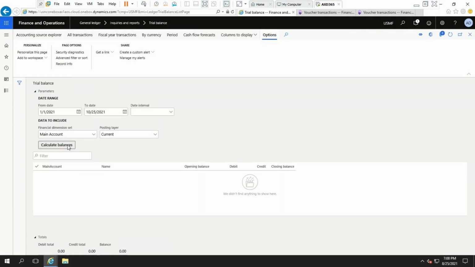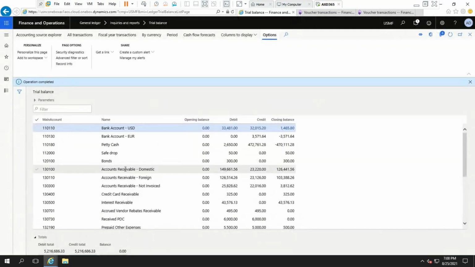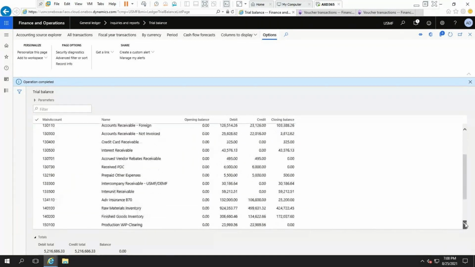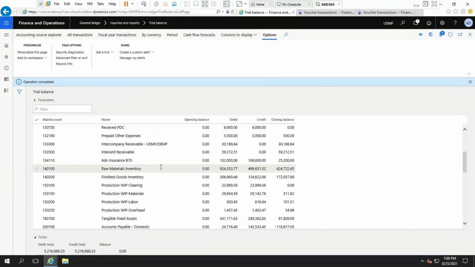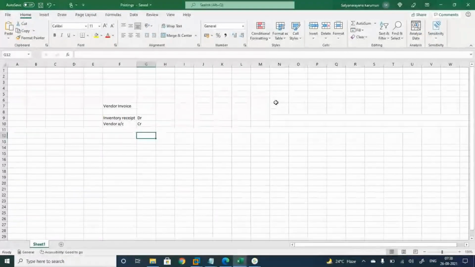The inventory accounts are 140100 and 140200. He combined these two, and it is showing 18 crores. But physically, when he verified directly, it is 20 crores.